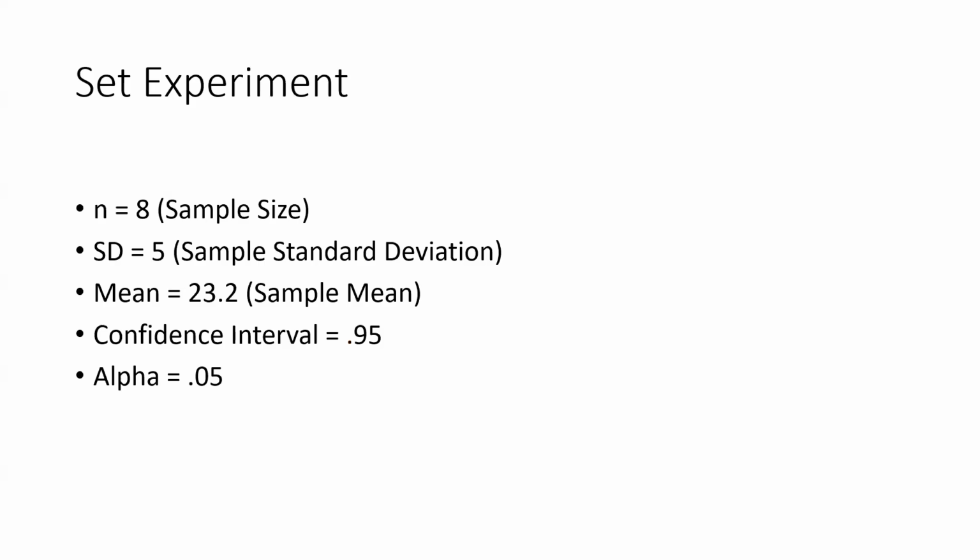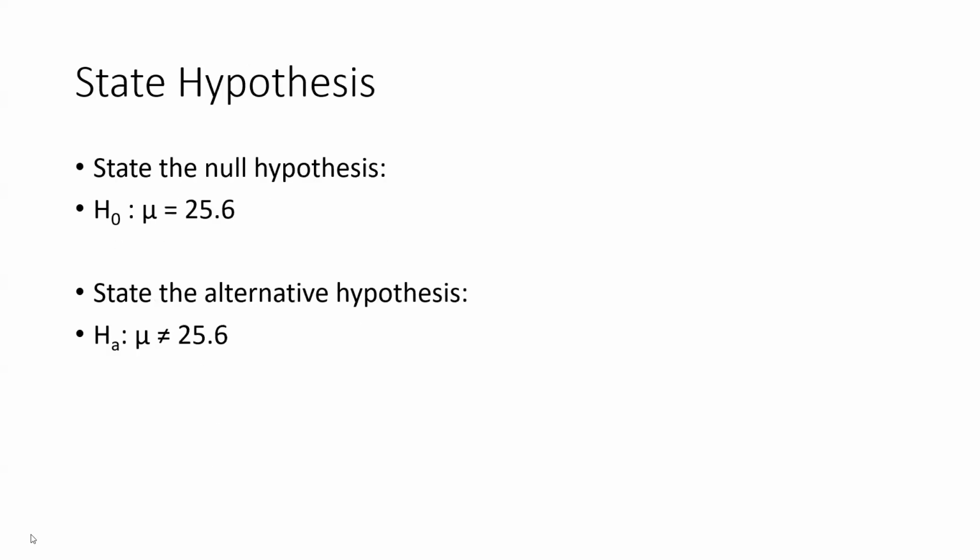We're not going to go into it here. We have our mean, that's the mean from our samples. So we have the mean from our samples, the standard deviation from our samples, the number of samples. These weren't given in the word problem, but we're going to assume that you've derived these yourself, these two values here. Our confidence interval is 0.95, and our alpha value is 0.05, because remember, 1 minus 0.95 is 0.05.